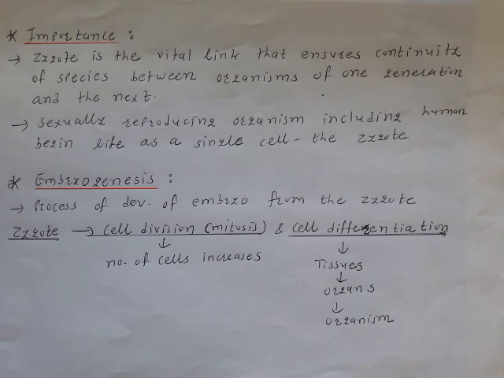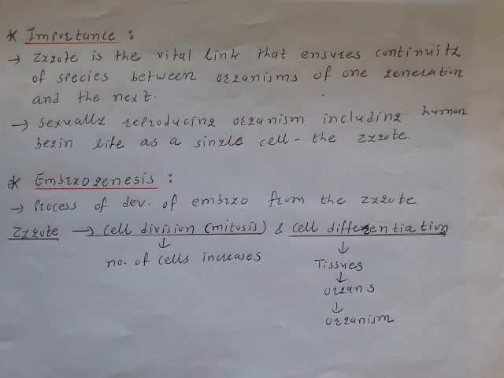The zygote develops through cell division, which is mitosis, and cell differentiation. During cell division, the number of cells increases. It means that from a single cell, the zygote, the beginning of life, so many numerous cells are formed this way which are similar to their parental cell.